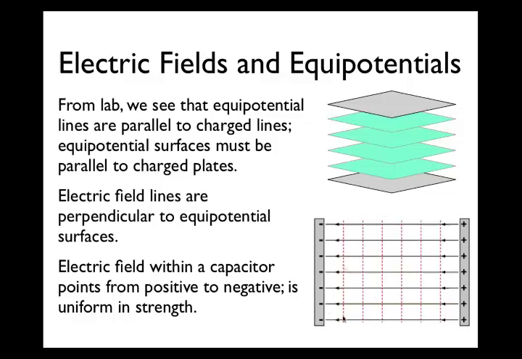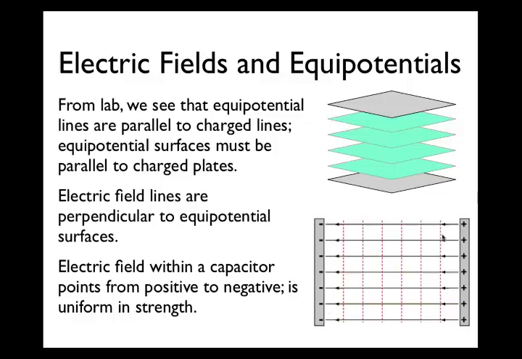And because the electric field passes through those equipotential surfaces perpendicularly, the electric field vectors point right to left from positive to negative, and they're parallel to each other. And if you have field lines that are parallel to each other, that tells you that the electric field is constant in strength in this region in between these two charged plates. It's not here on the edges.